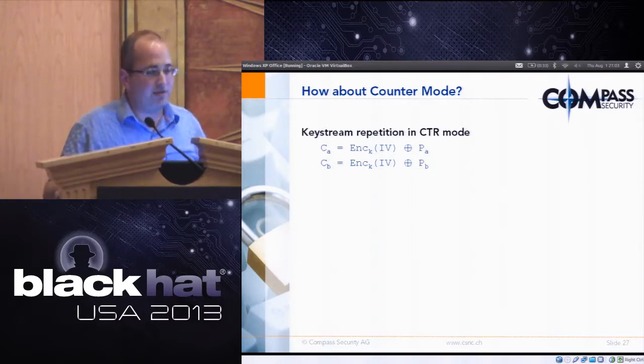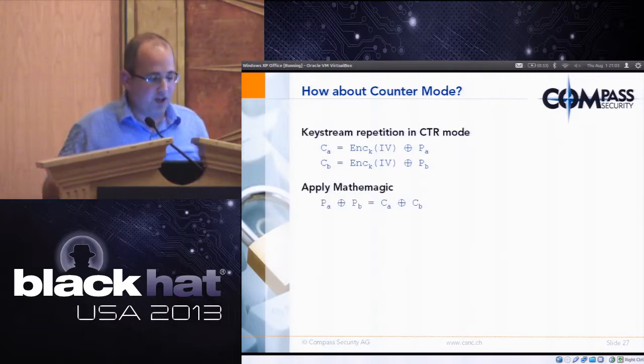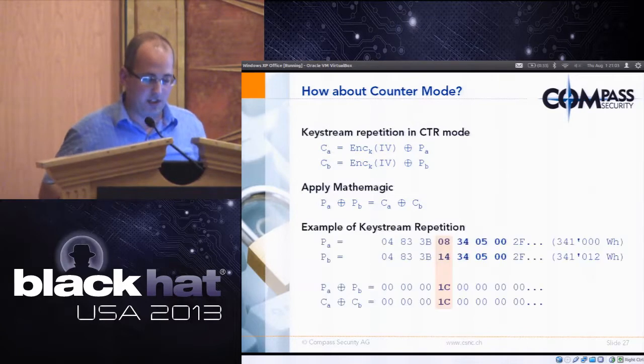So you have two ciphertexts, you take them and you XOR them together, and you will get a product which is equal to the XOR of the two plain texts. Okay? So let's say a meter is sending two consumption values.